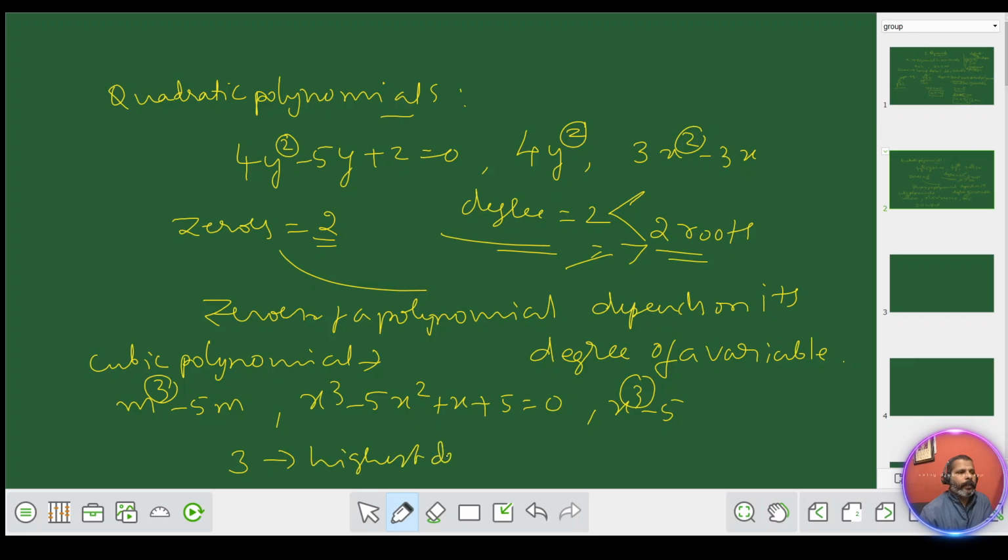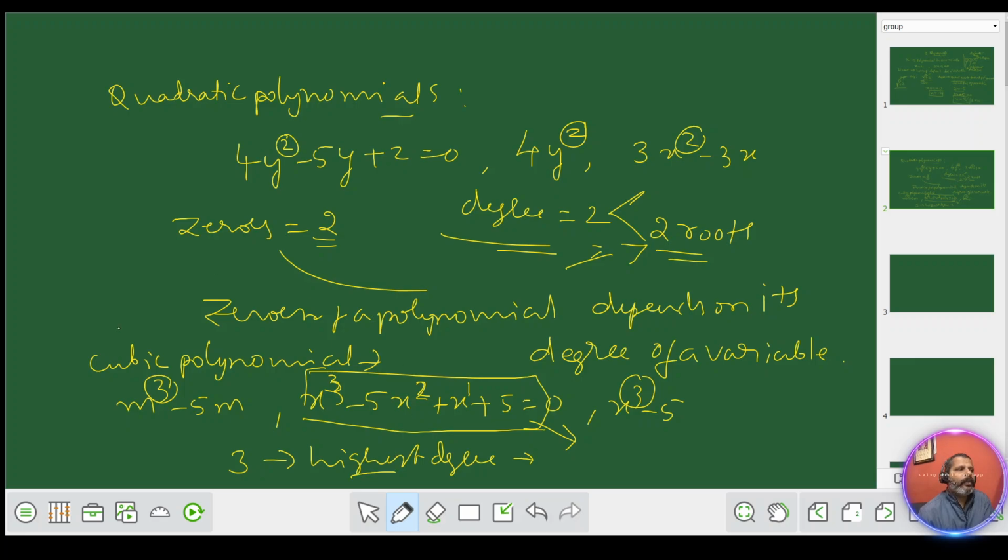What if I have different degrees? Meaning, in this example, x has power 3, x has power 2, x has power 1. What is the degree of the polynomial? We'll see in a few minutes.